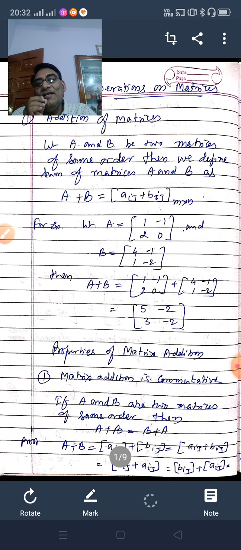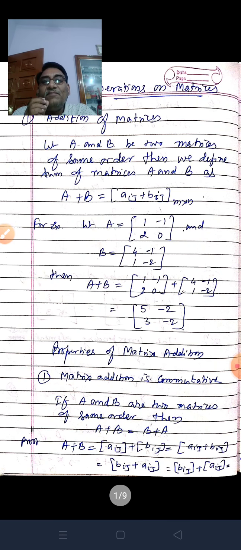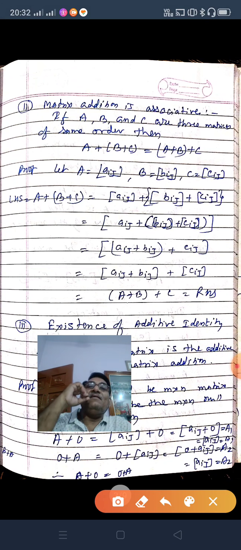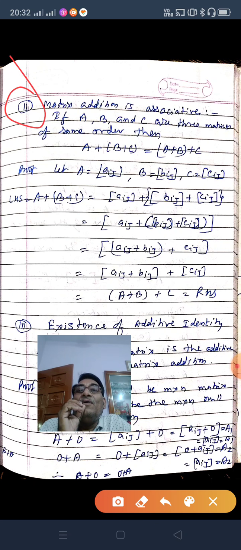After adding, we get Aij plus Bij, and by the commutative law of numbers it can be written as Bij plus Aij, and now after separating, it is B plus A. This is the commutative law.